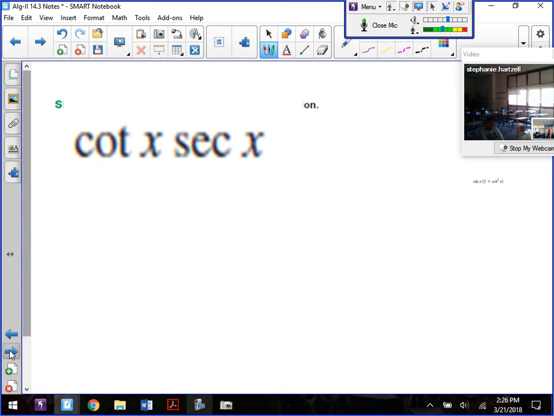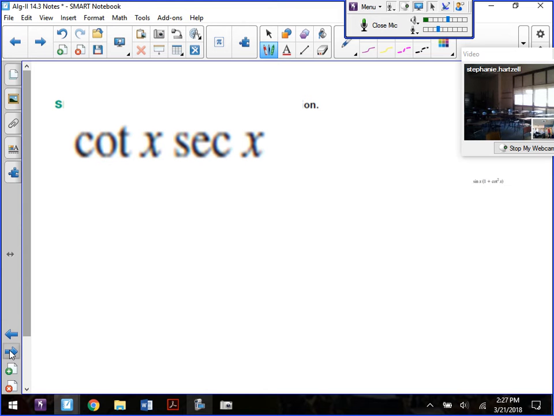Cotangent times secant. Here is a top tip. Anytime you see reciprocal properties, cotangent, secant, those guys are reciprocals, I want to rewrite them in terms of sines and cosines. Cotangent is what over what?